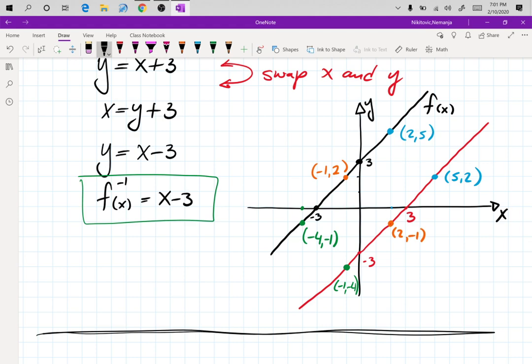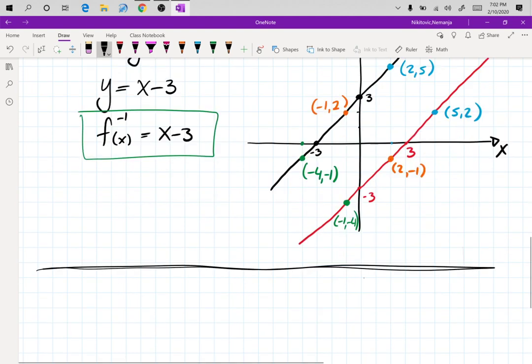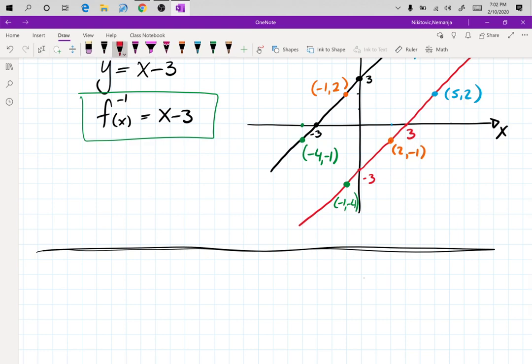Now, it is very important to understand that every function has an inverse, but not every function has an inverse function. We have to understand now, I'll write it in blood, inverse is not the same as inverse function.